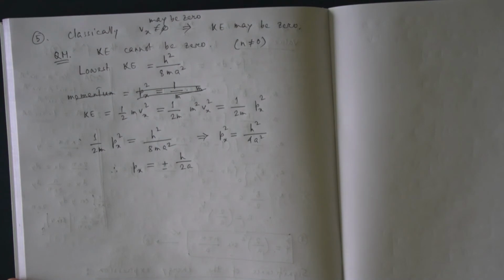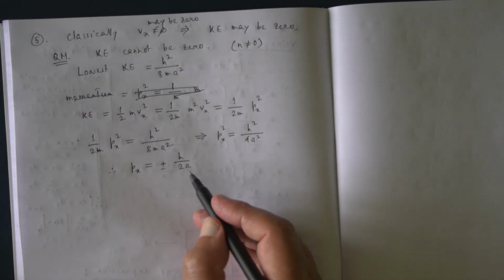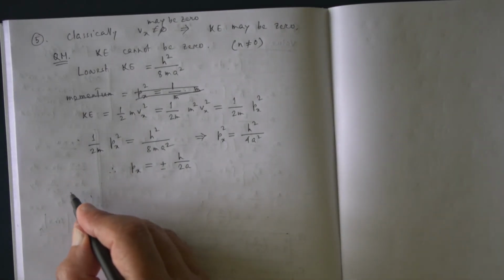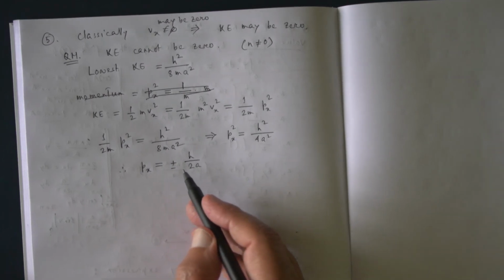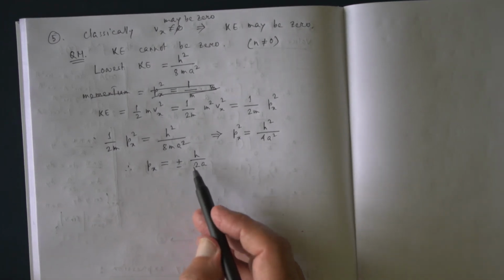That means momentum is a vector quantity, so it may be negative also.